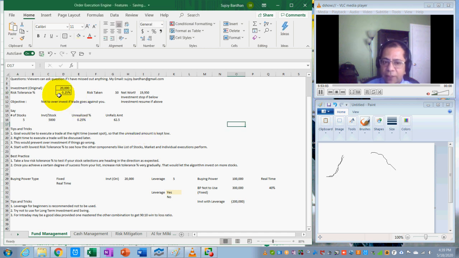Why? Because now you want to pick up more stocks. So first, start with a very low percentage of tolerance. Get to the perfection level first. Perfection level here means as soon as you think that something is going to head north after your execution, it should go north.